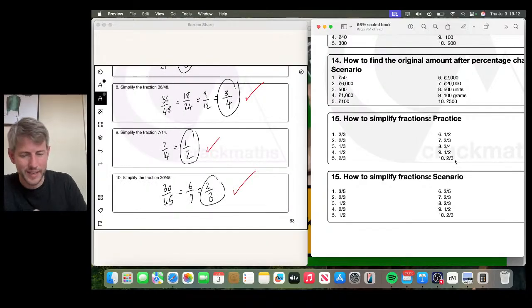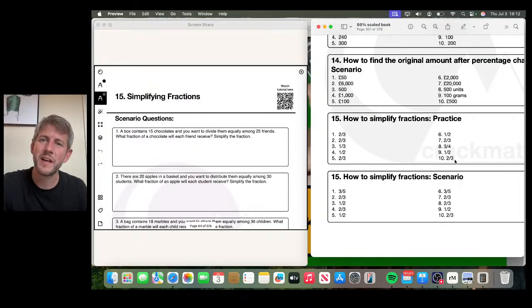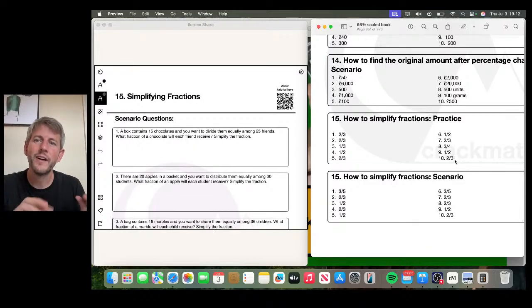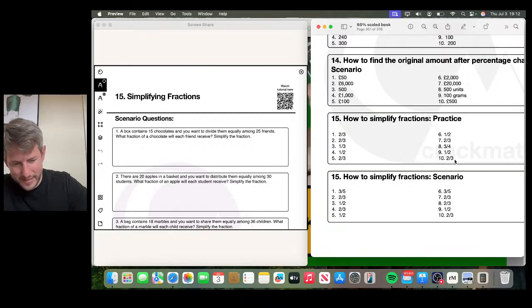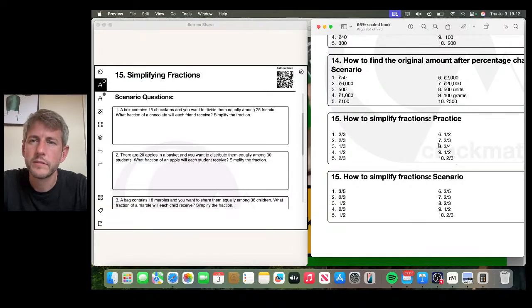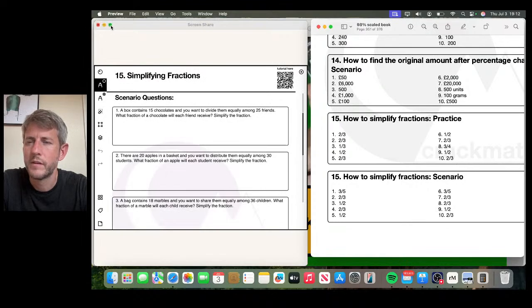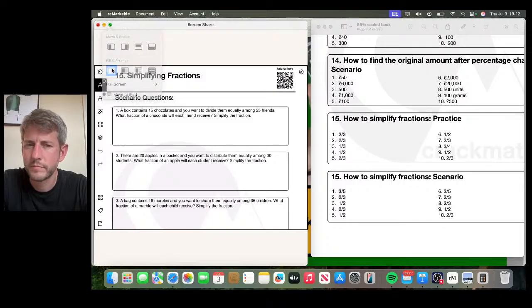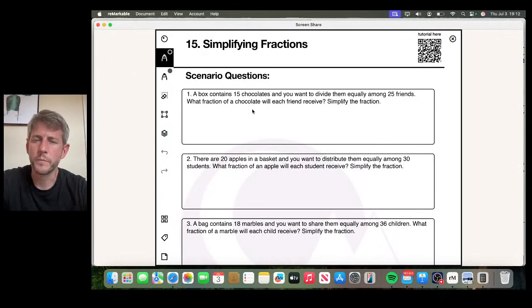Last round, okay? Well, not like last. We'll finish after the simplifying fractions scenario questions are all done. Okay, so let's have a look at these. Okay, right, so a box contains 15 chocolates and you want to divide them equally among 25 friends.